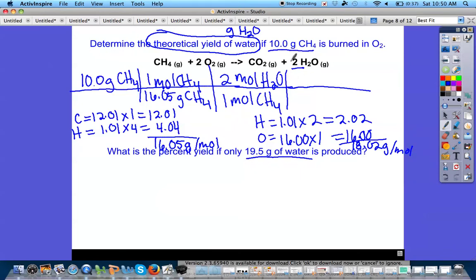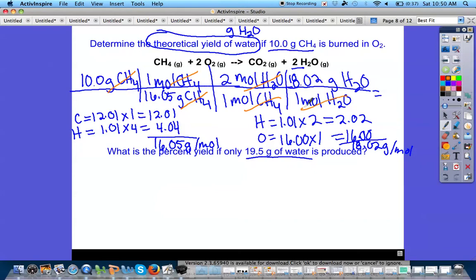So we're going to put 18.02 grams of water over 1 mole of water. So 10 times 2 times 18.02.